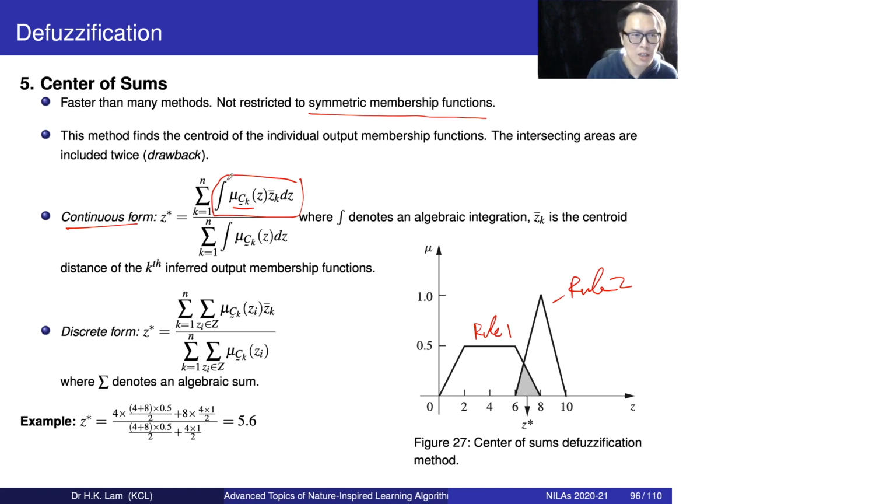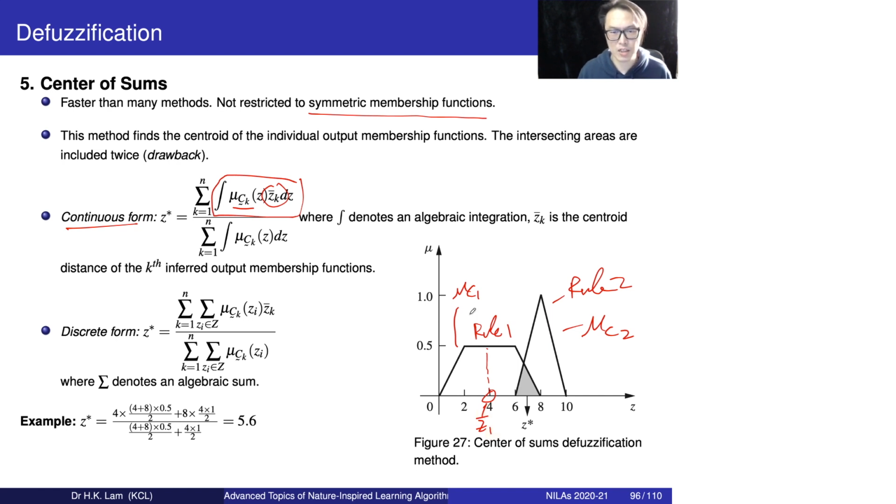Now, mu ck, for example, I call this mu c1. This is the first membership function, and for rule 2 this is mu c2. So we have zk bar as well. Zk bar, that is the centroid. So the centroid right here is z bar 1.